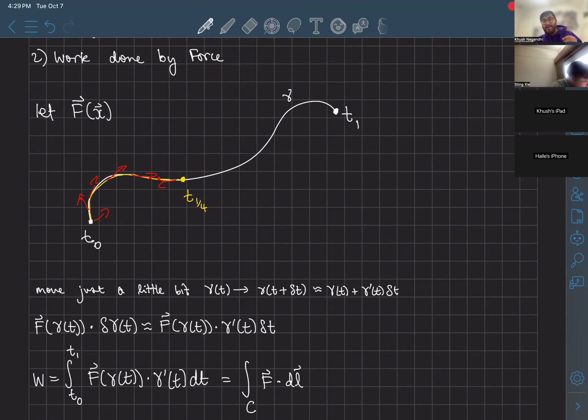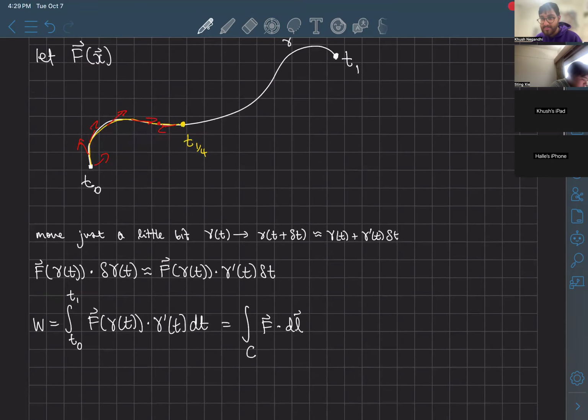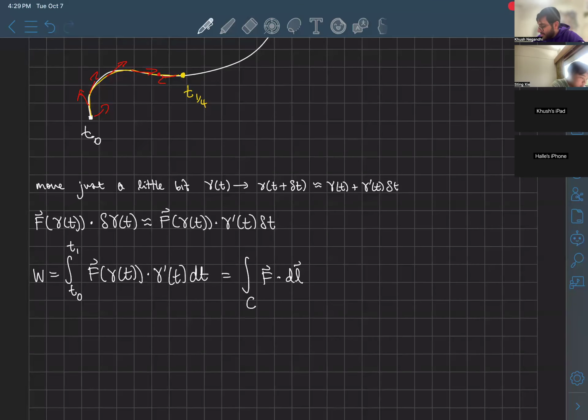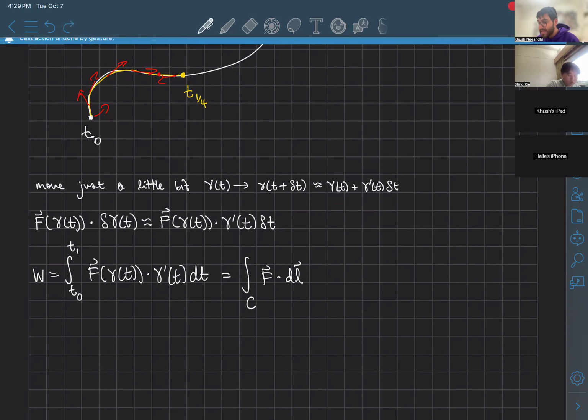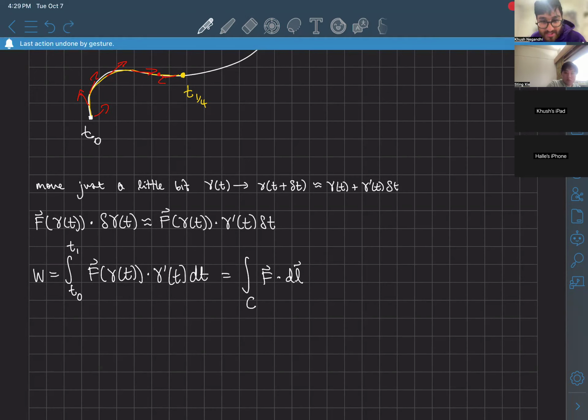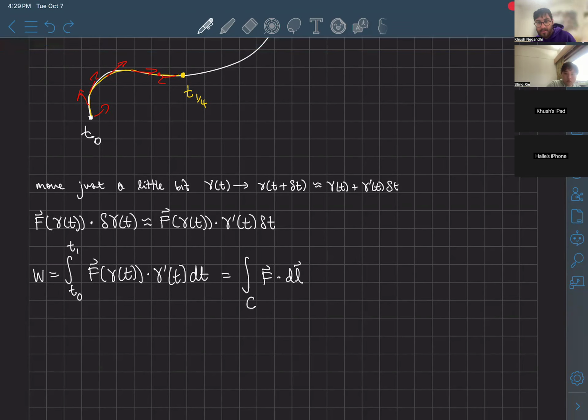Gamma is, I give it a time, it tells me where on the curve I am. So that's this small distinction. And now we see that dl is a small step along the curve. So it's given by gamma prime, where gamma is your parameterization. Okay. Are there any questions so far? Okay.